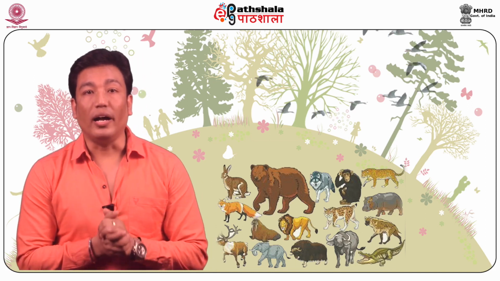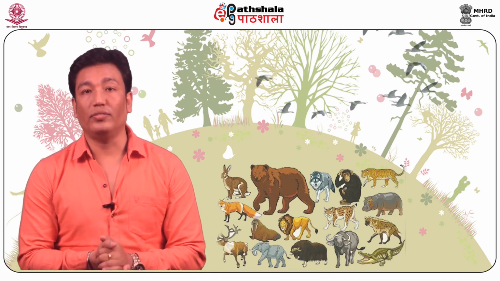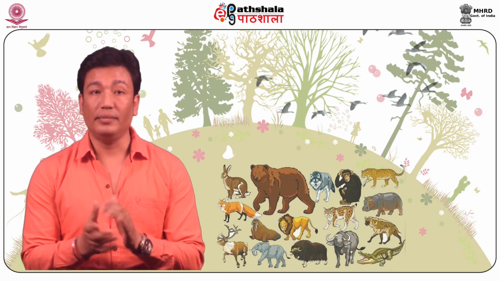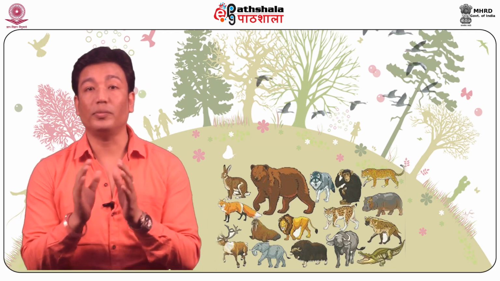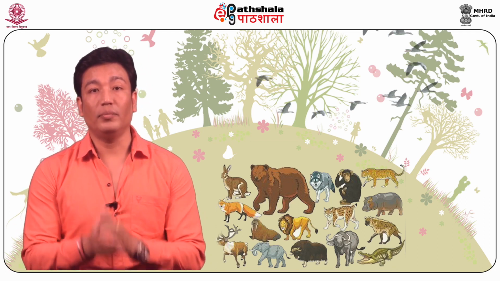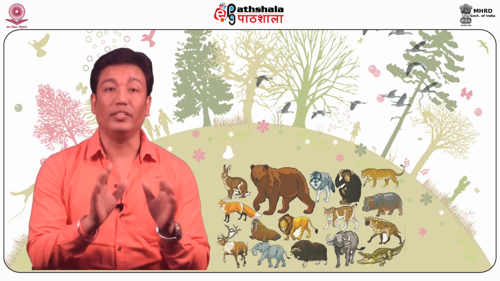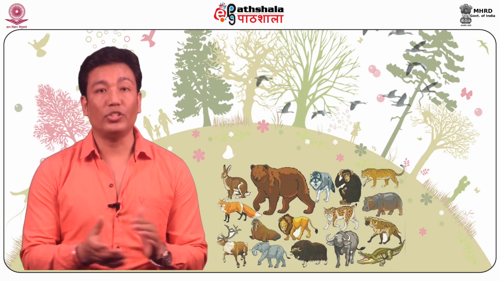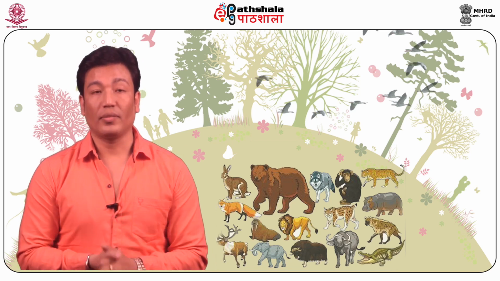The theory of island biogeography gives the explanation for the species diversity on land and states the number of species inhabiting the island is inversely proportional to the distance between the mainland and the given island and directly proportional to the size of the island.